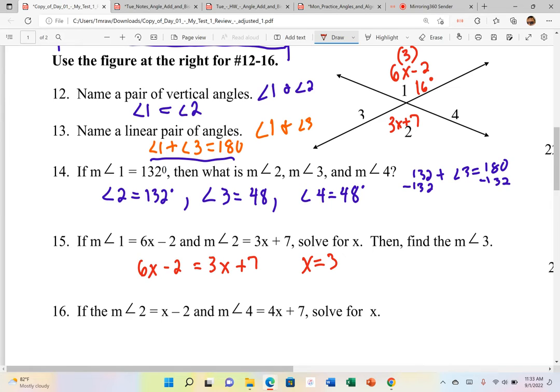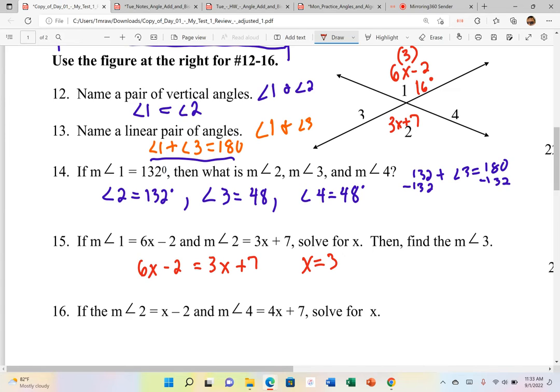So angle 1 is 16 degrees. Again, this is not for accuracy. This is just for representation, right? If angle 1 is 16 degrees, what's the relationship with angle 1 and angle 3? They're a linear pair. They're supplementary. So angle 1 plus angle 3 equals 180.